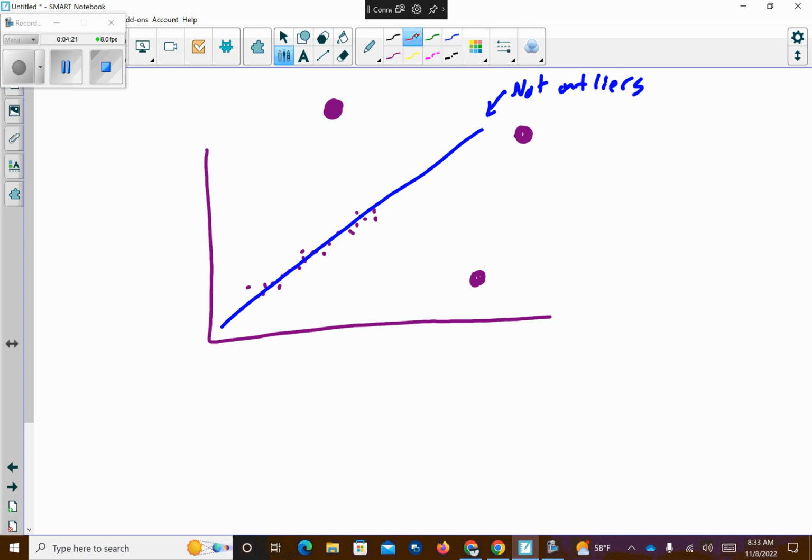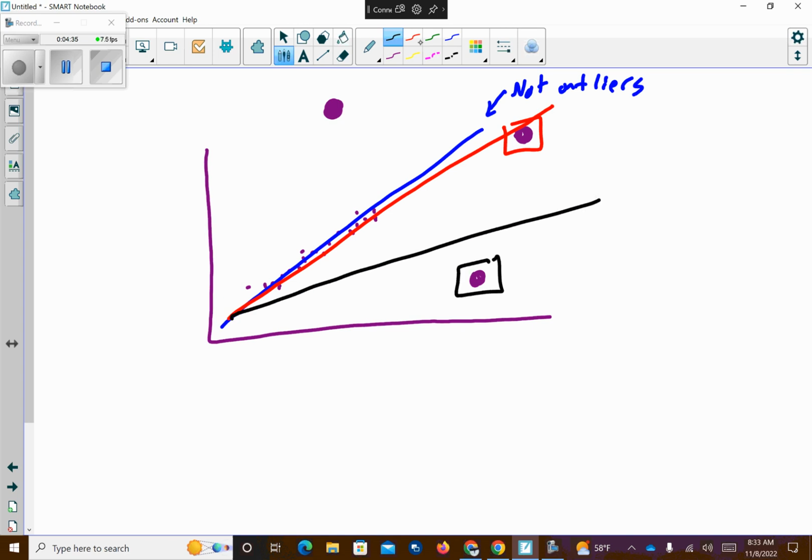But then if I took this one, this is going to kind of change our line of best fit a little bit. This one here really kind of changes our line of best fit with this one. And this one here changes our line of best fit like this.